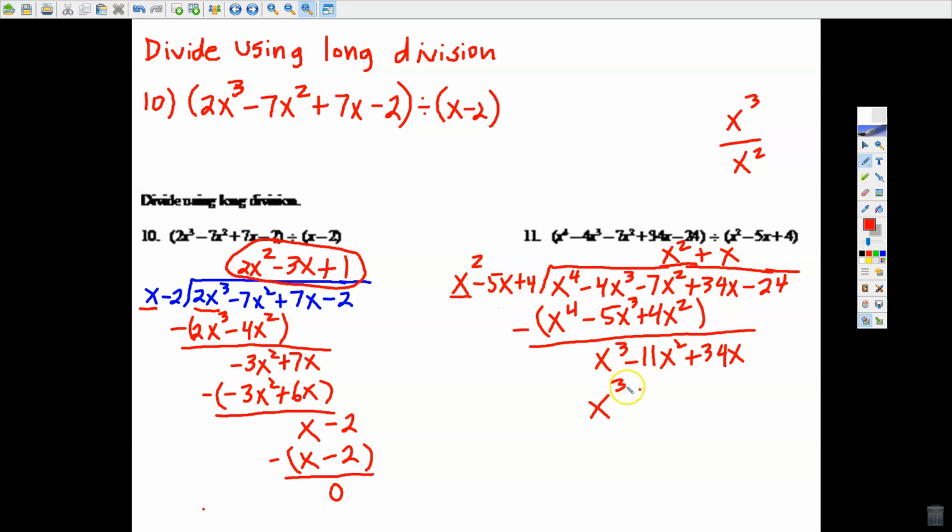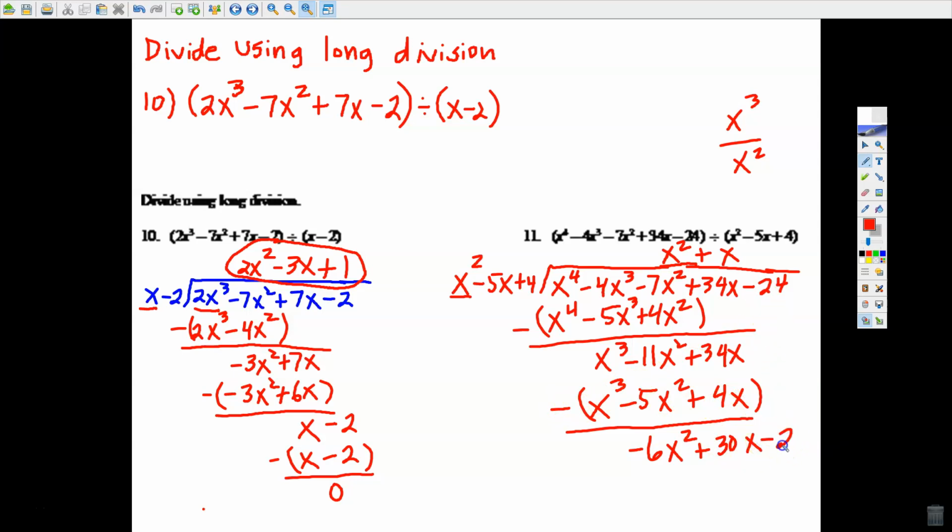X times negative 5x is negative 5x squared. And x times 4 is positive 4x. Subtract. The x cubes will cancel. So negative 11 plus 5 is negative 6x squared. And 34 minus 4 is 30x.